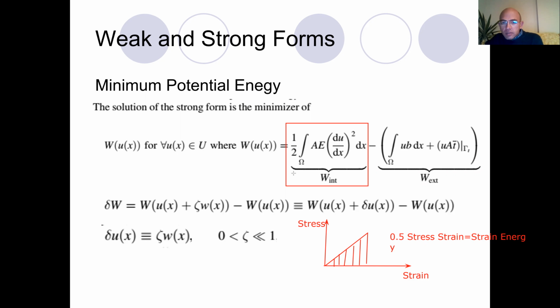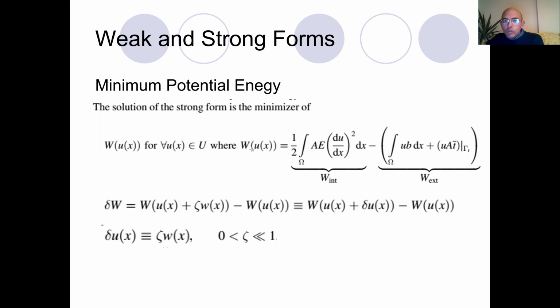Now, if we minimize this potential energy, we will reach the equilibrium state of the object that's deformed. And as a result, we obtain the solution of the strong form. Now, here we do something. We write the W, potential energy, for a given displacement.